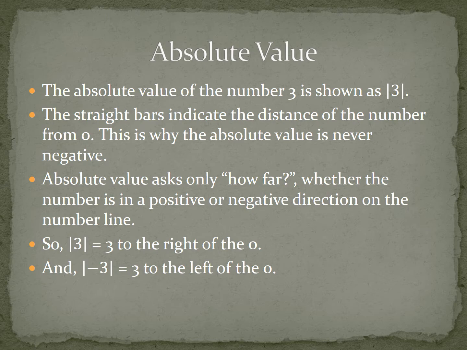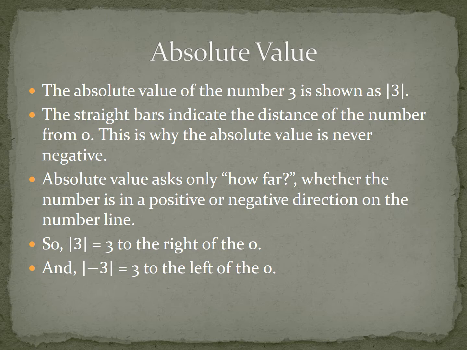Okay, so another example here, the absolute value of the number 3 is shown as this. That's how it should be written, with the straight bars on the side. That is indicating the distance of the number from 0. That is why the absolute value is never negative. Again, absolute value is asking only how far, whether the number is in a negative or a positive direction on the number line.